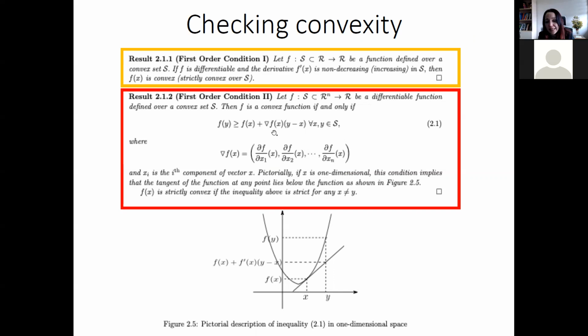Now, the gradient multiplied by the distance from x to y is delta f times y minus x. And this gives us essentially the point at which we arrive on this tangent that we draw at point x.